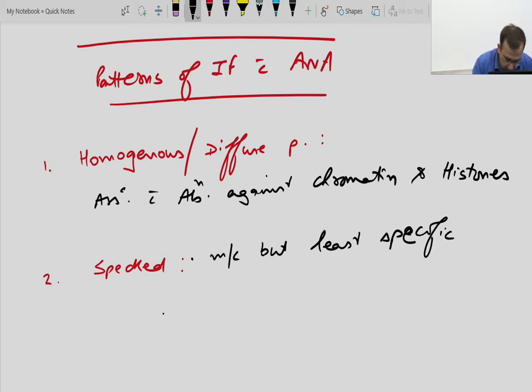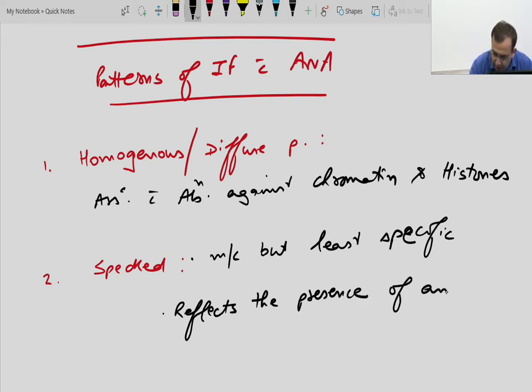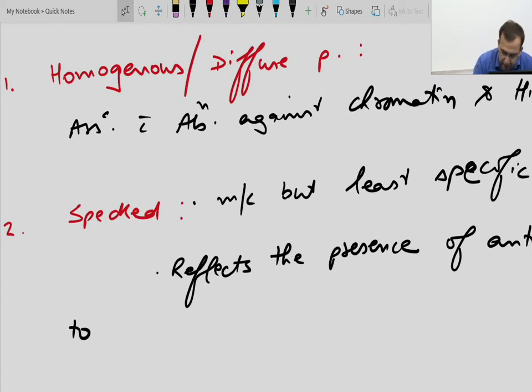It reflects the presence of antibodies to non-DNA nuclear constituents.